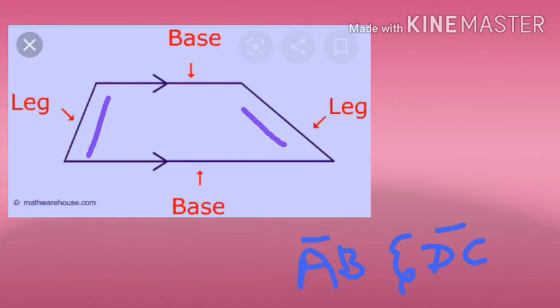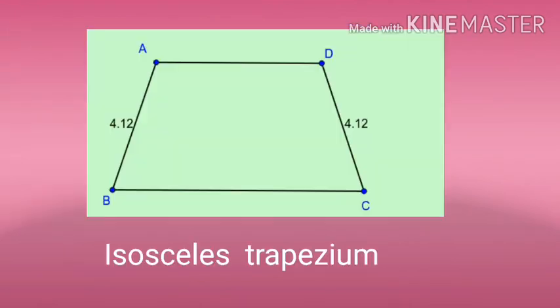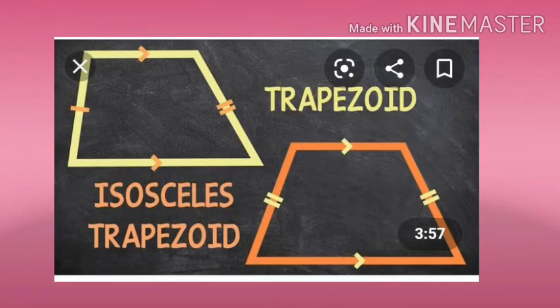If the non-parallel sides, that means legs, are of equal length, then it becomes an isosceles trapezium. What do we call an isosceles trapezium? The difference between a trapezium and an isosceles trapezium: observe this figure. Both trapeziums have one pair of parallel sides, but in a trapezium the legs are not of equal length.